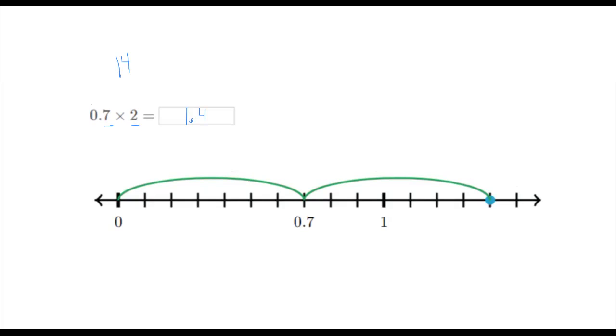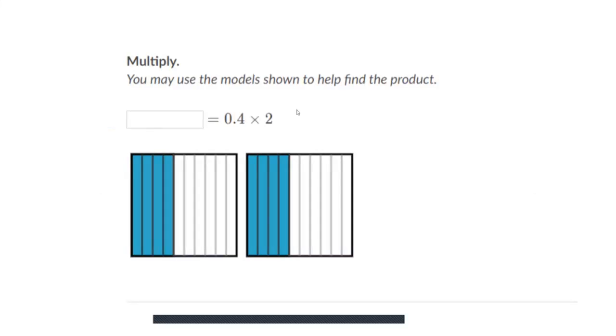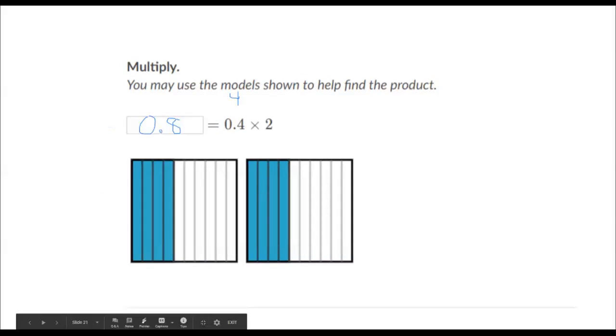I see a connection here. And 4/10 times 2 was 8/10. Seems like there's a connection between 4 times 2. Do we notice a pattern here?